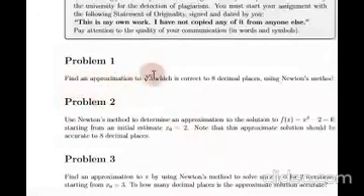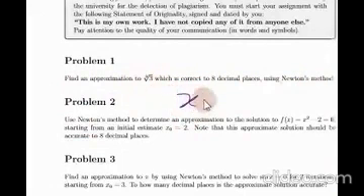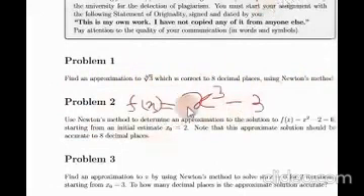Do you remember, in our prac class, find an approximation to 3 to the power 1/3, correct to 8 decimal places, using Newton's method. So definitely you have to consider this polynomial. If you want to find an approximation to this, then you have to consider x to the power 3 minus 3.